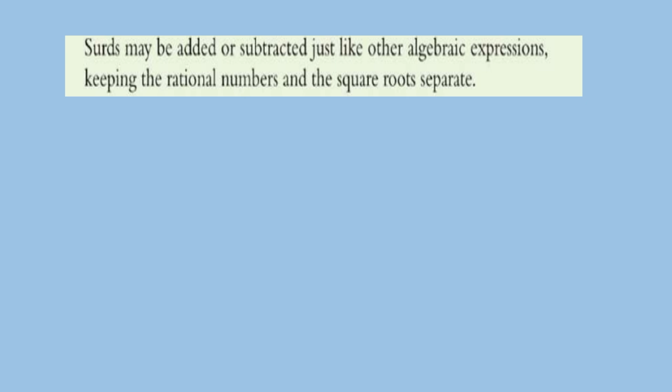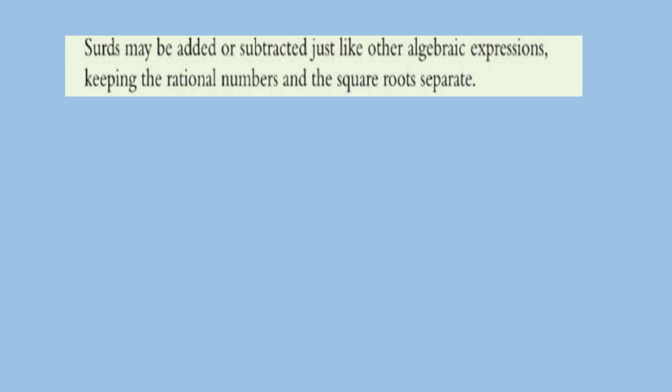There's one more property of surds. Surds may be added or subtracted just like other algebraic expressions, as long as you keep the rational numbers and the square roots separate. You cannot add a rational number, a whole number or a natural number, to a square root number or a cube root number.